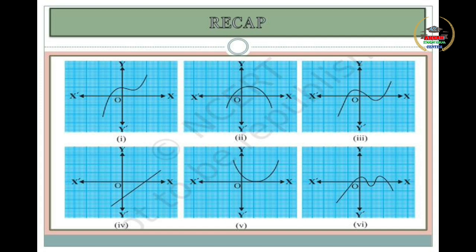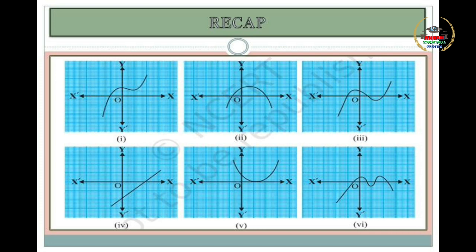The fourth graph is a straight line, so it is a linear polynomial, and it is touching the x-axis in 1 point, so the number of zeros is 1. In the fifth one, you can see a parabola, so it is the geometrical representation of a quadratic polynomial. The number of zeros is 1, as it is touching the x-axis in only 1 point.